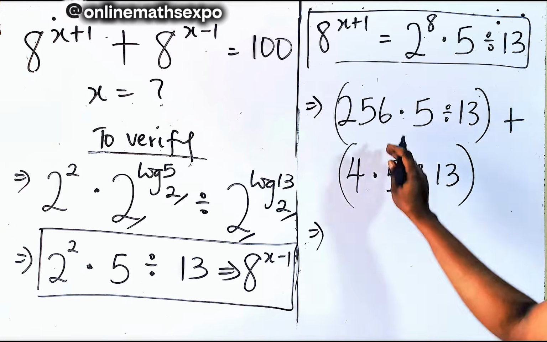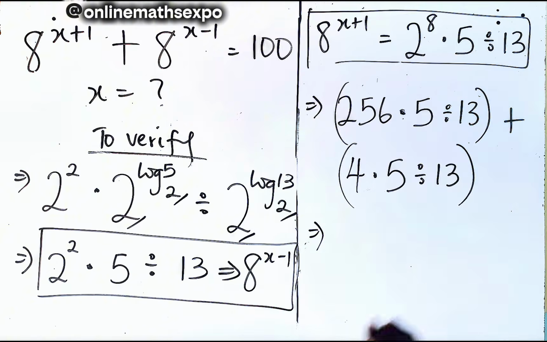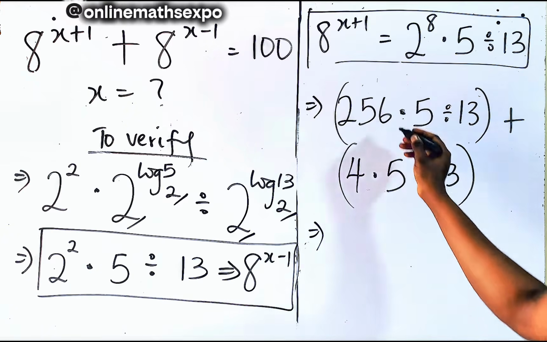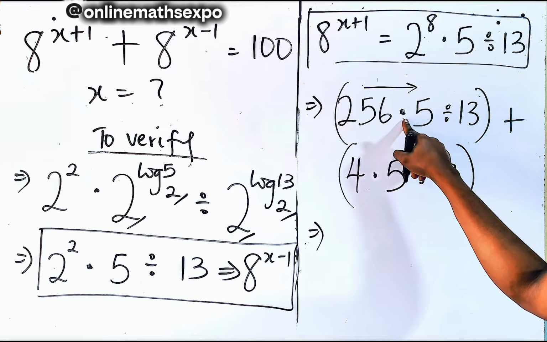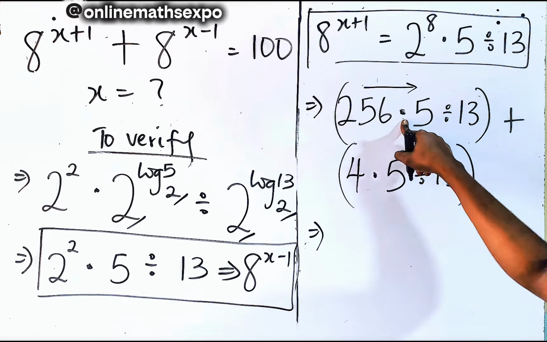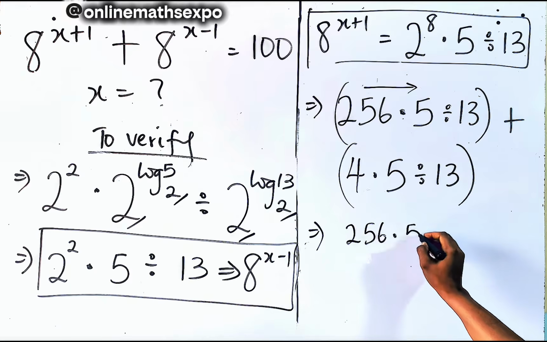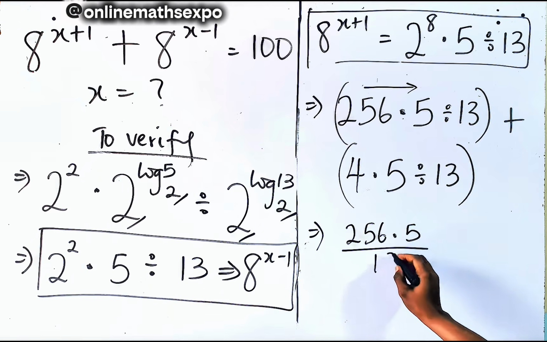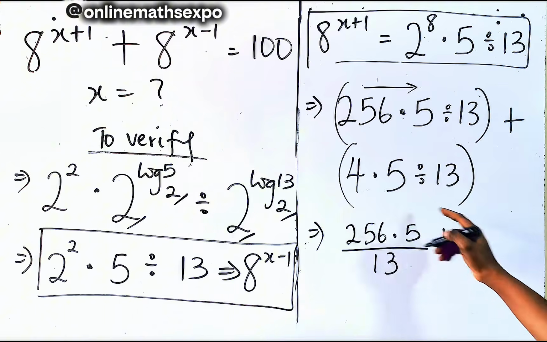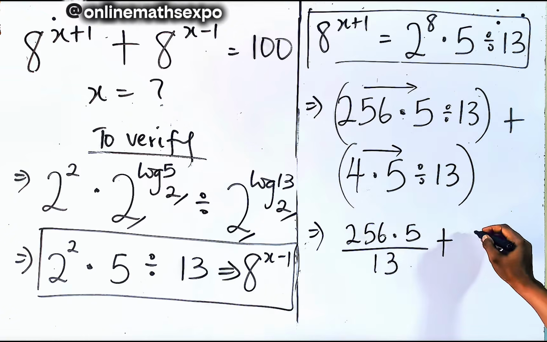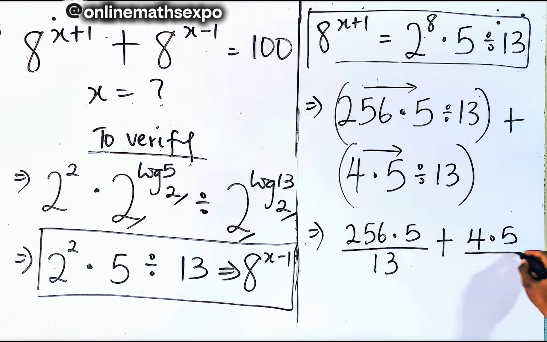Now to simplify this, just remember to work with either your BODMAS or your PEMDAS. So we are going to work with the first sign, which is multiplication. So we are multiplying 256 by 5, then divide it by 13, plus, do same here. The first is this, so we have 4 multiplied by 5 and is divided by 13.